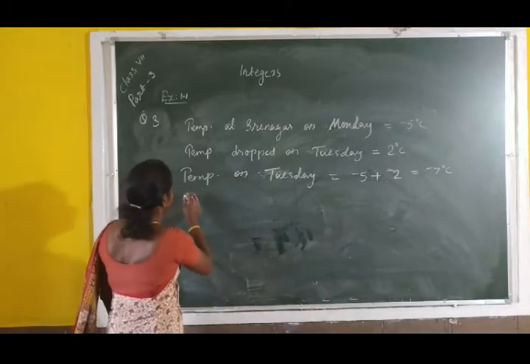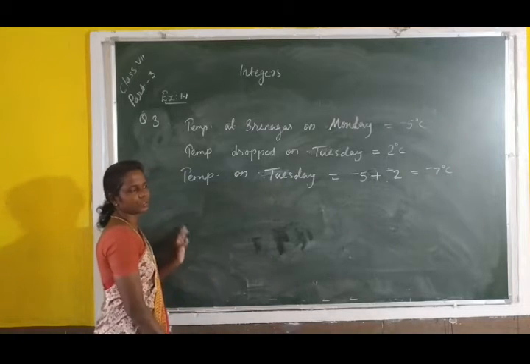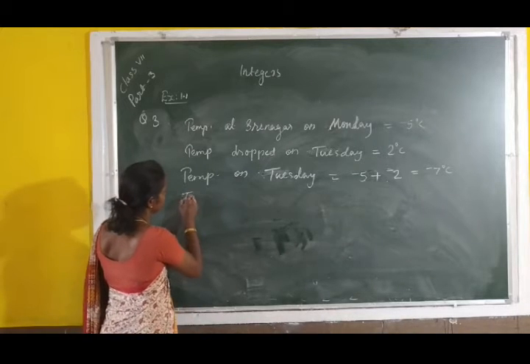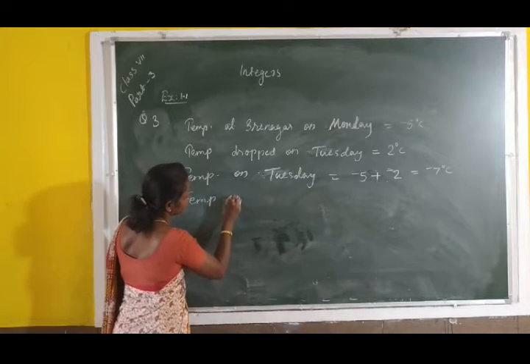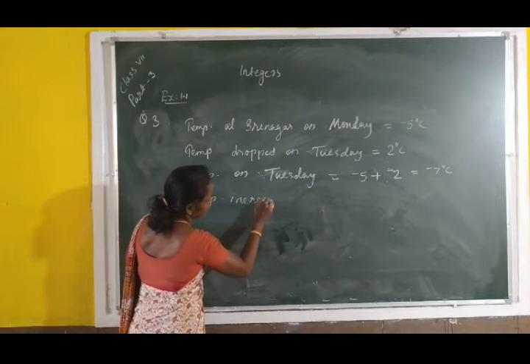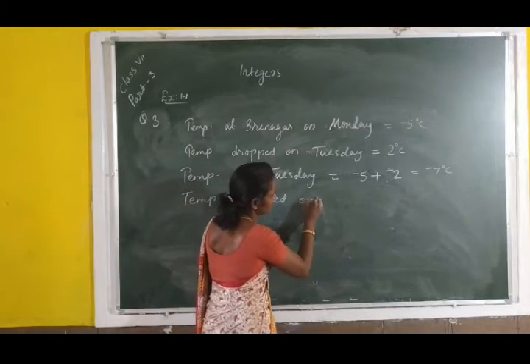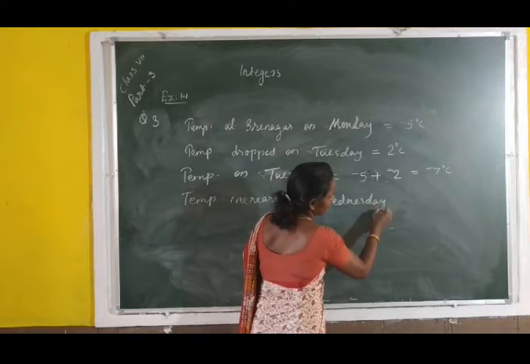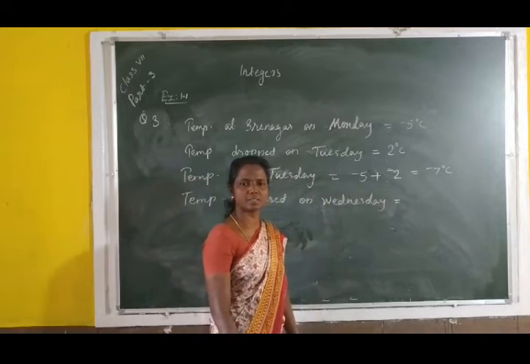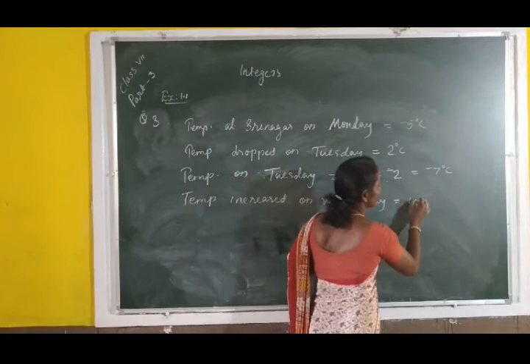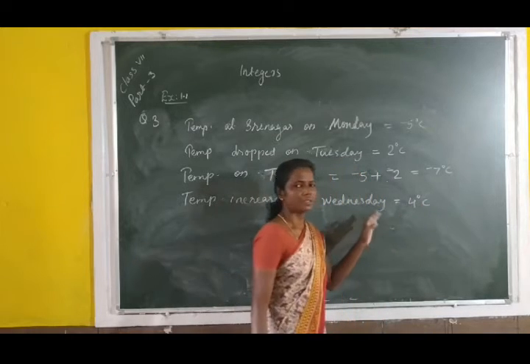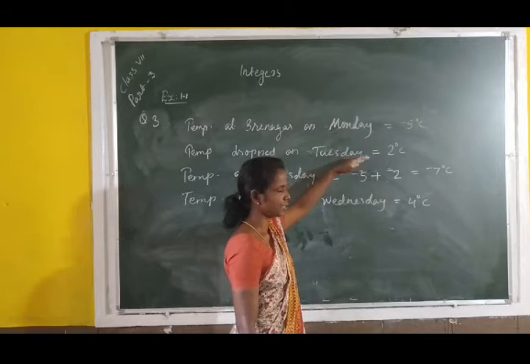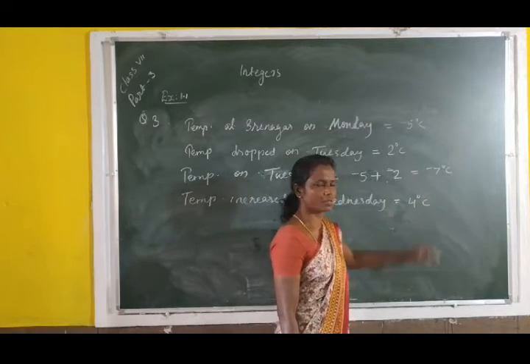Then Wednesday, what happened? The temperature increased on Wednesday. Look, how many degrees Celsius increased? 4 degrees Celsius increased. So this means go upward. Temperature goes upward, so we can take positive 4.